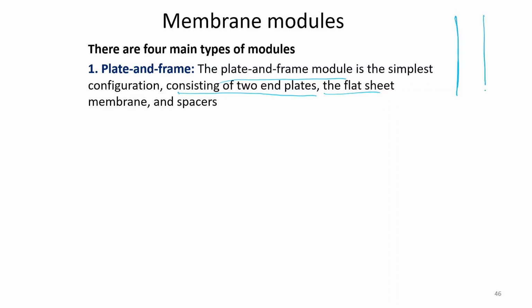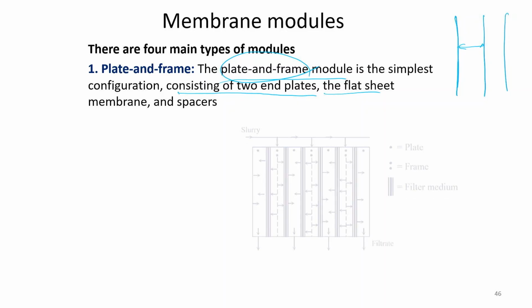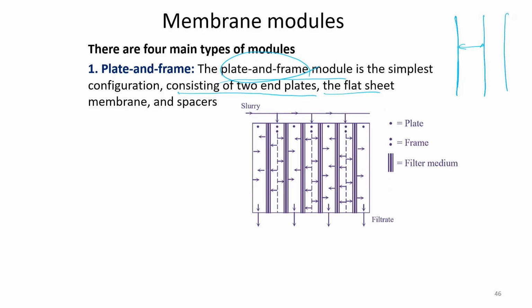Flat membranes are placed with some space between them. It is called the plate and frame mold. This is the simplest one, where we place the membrane in flat form. So, this is the plate and frame type of configuration.